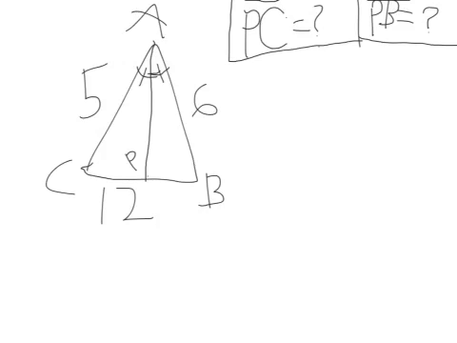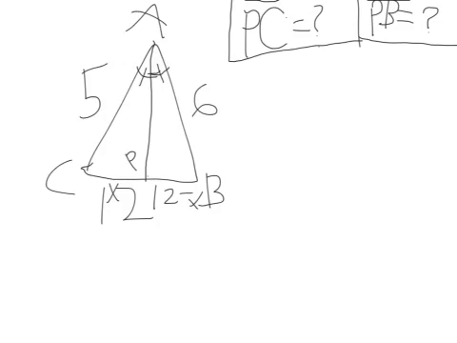Let us set PB equal to 12 minus x, and then CP equal to x. Now let's do the proportions.